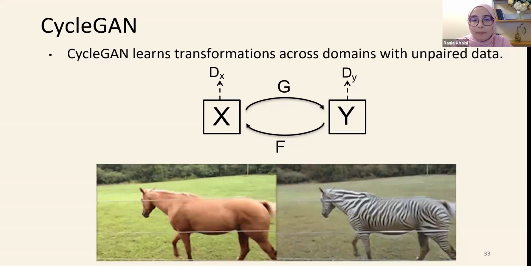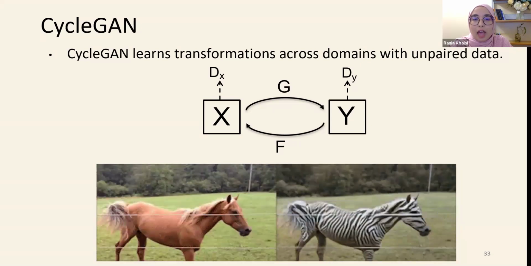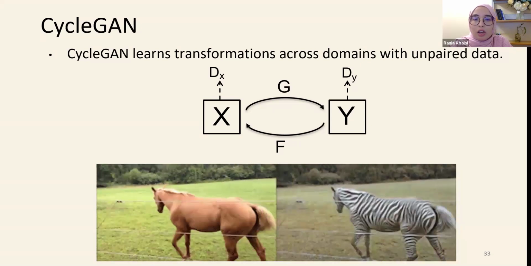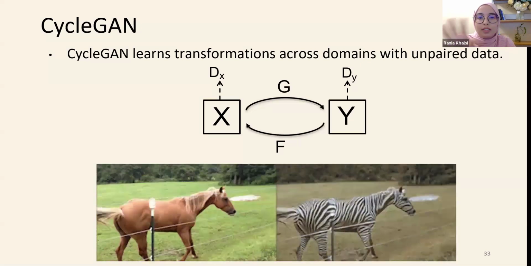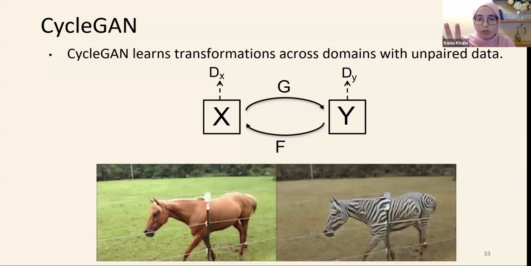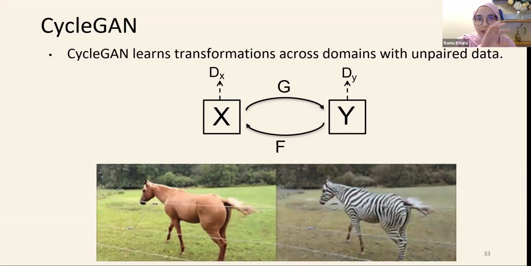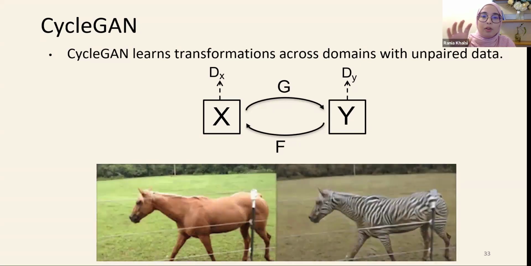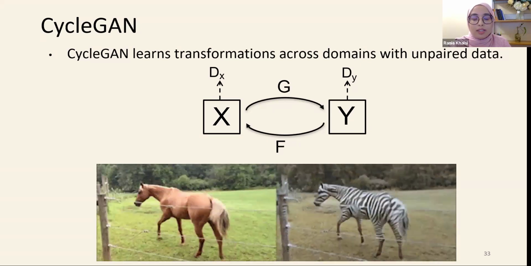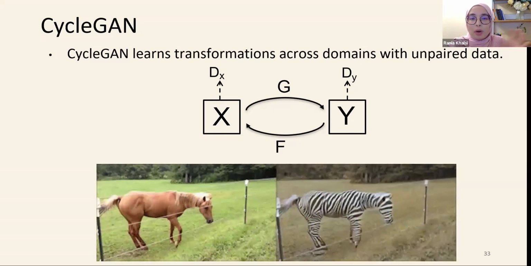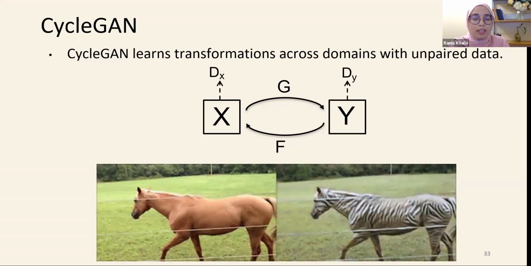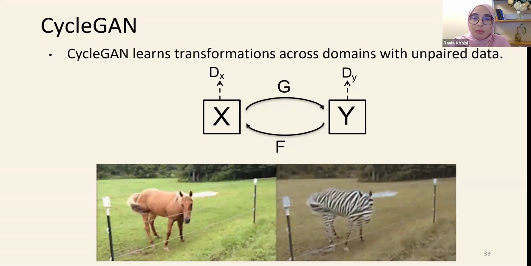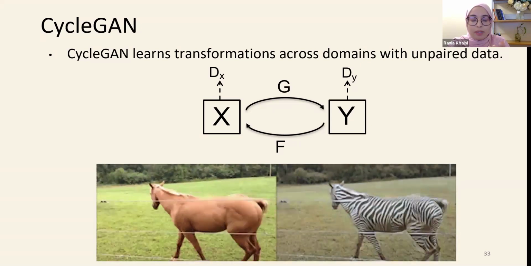I mean that I don't need matching examples, like the same horse and that exact same horse as a zebra. These one-to-one pairs don't exist in real life, and collecting them would be impossible.